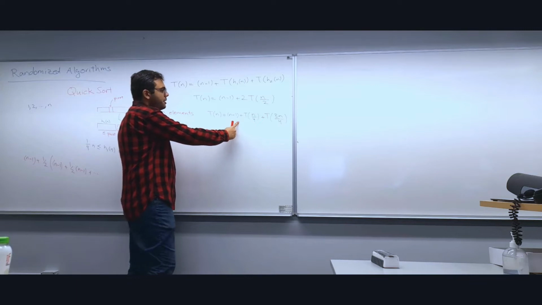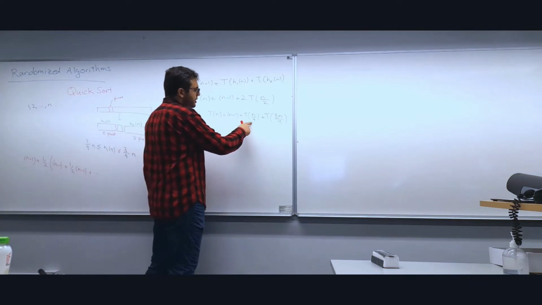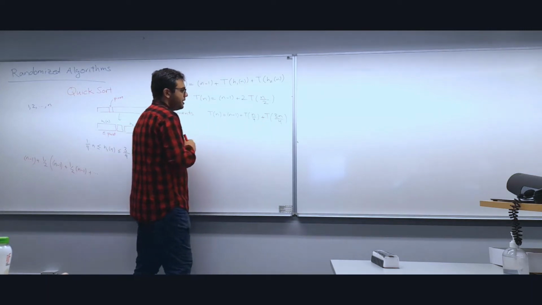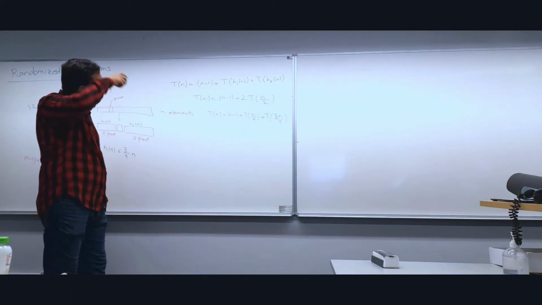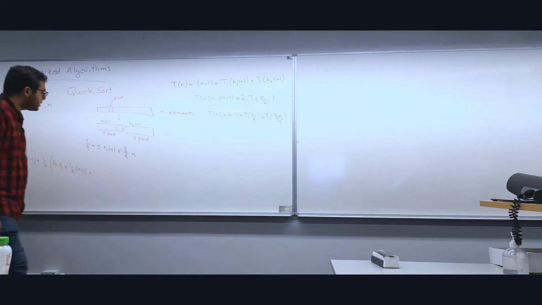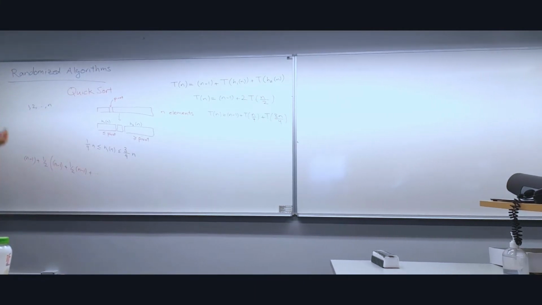And then my array breaks into 2 parts. One part has n/4, the other part has 3n/4. And that's the worst case. So this shows you that if you just keep changing the pivot, you will actually get an algorithm whose expected runtime is n log n.